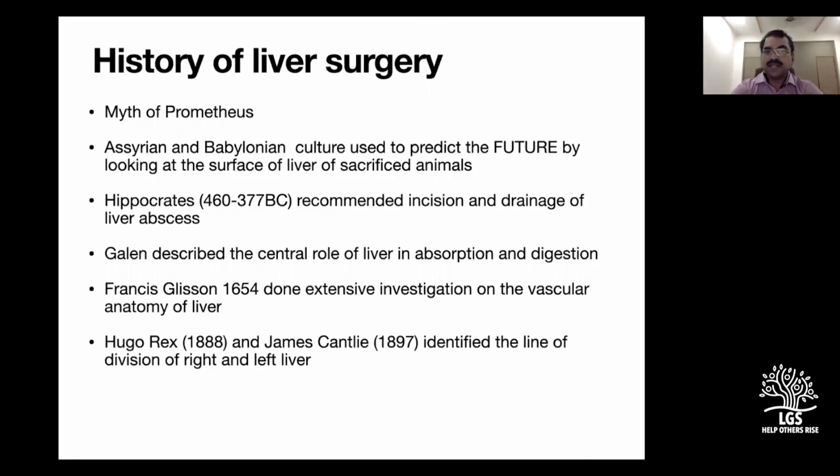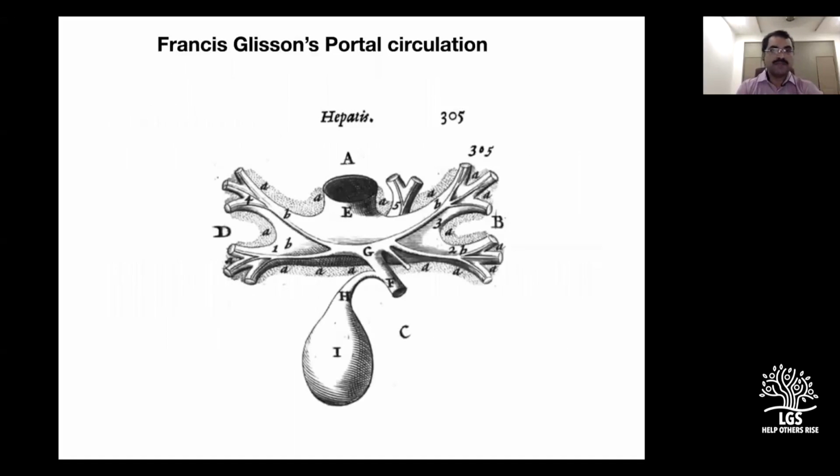Galen described the central role of the liver in absorption and digestion. It was Francis Glisson who did an extensive workup on the vascular anatomy of the liver. Hugo Rex and James Cantlie identified the line of division of the liver into right and left liver in 1897. This was Francis Glisson's portal circulation, which was published in his book.